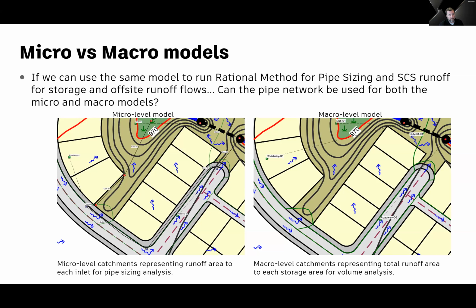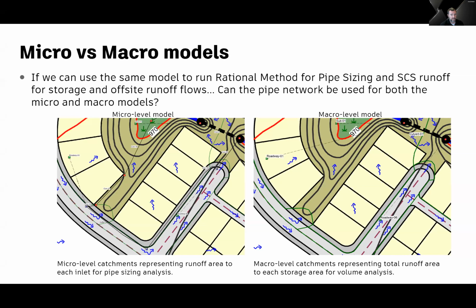You could use modified rational, but some other method is typically used for doing the storage design and ultimately analyzing if you're reducing your peak post-development runoff from your existing pre-development runoff flows. But you don't use that for your pipe sizing.